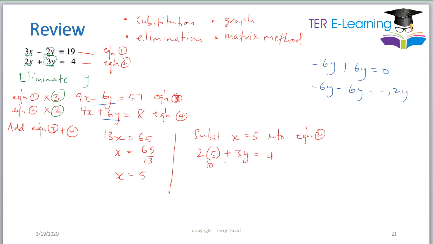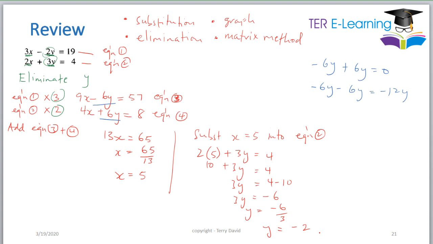So 10 plus 3y equal 4, 3y equal 4 minus 10. So 3y is equal to 4 minus 10 is actually minus 6. So therefore y is equal to minus 6 over 3. So therefore y is equal to minus 2.